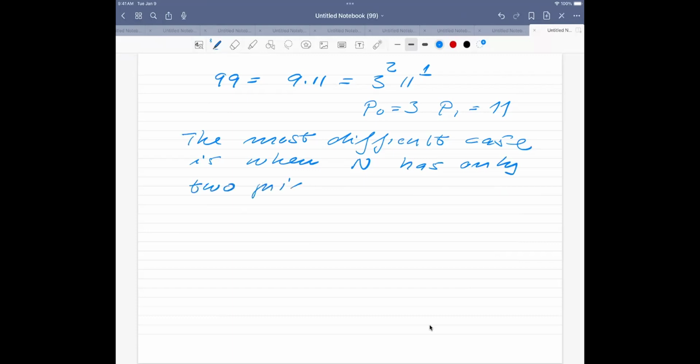This is a result from number theory, and I'm simply just stating the result without any proofs of why it is so.